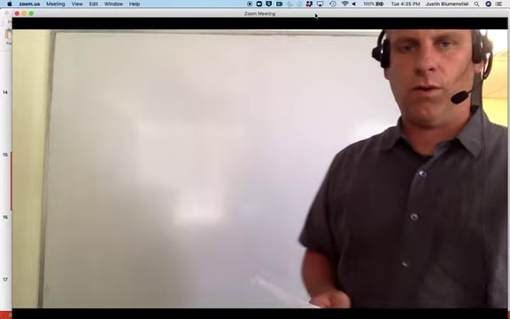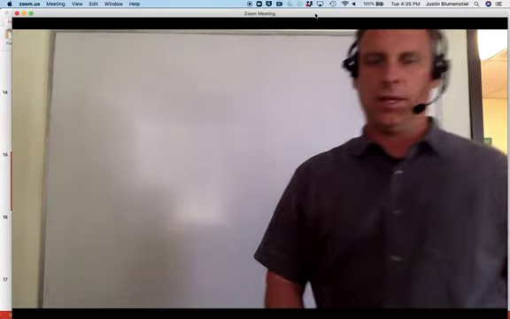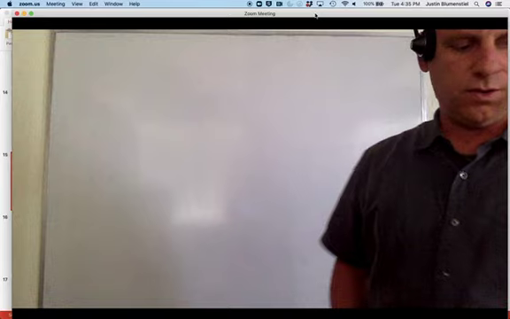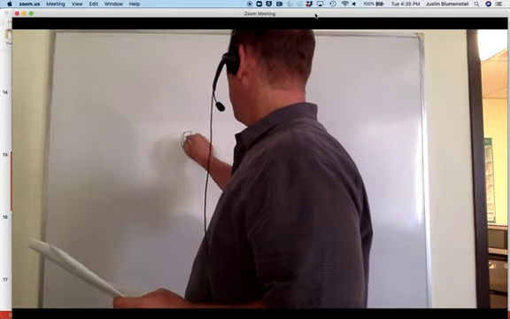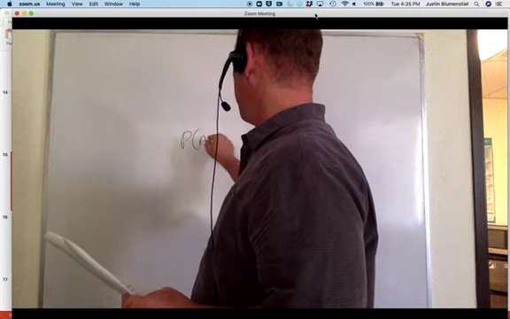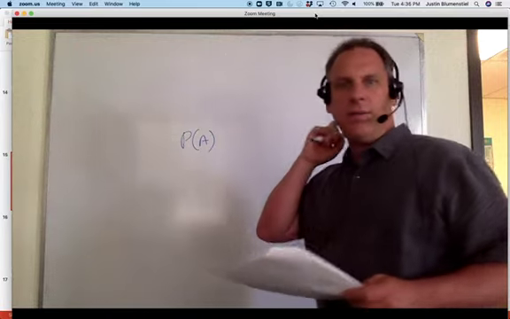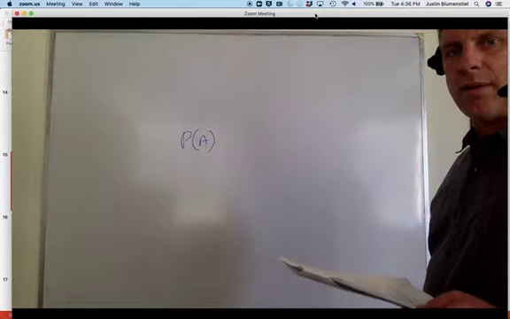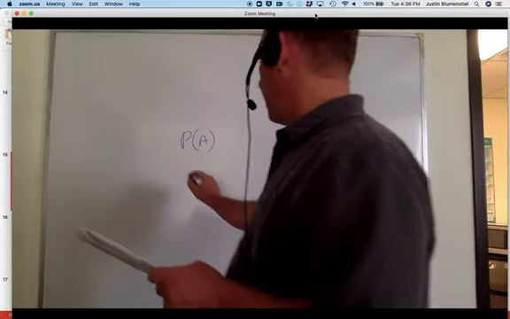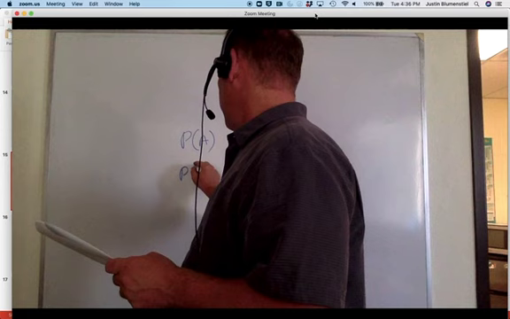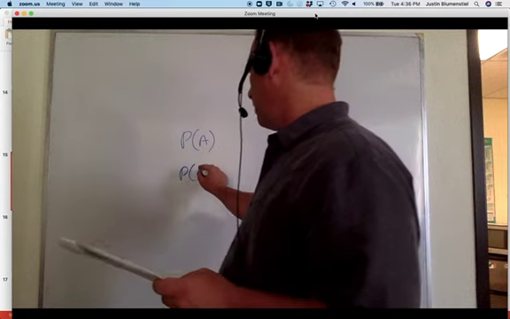Okay, now when we are talking about probability in this context, we are going to use a framework where we say something like this: P and then parentheses A. And what we mean by that is basically what's the probability of some event A happening, right? So you could say, if you have a child, what's the probability that the first child is a boy?